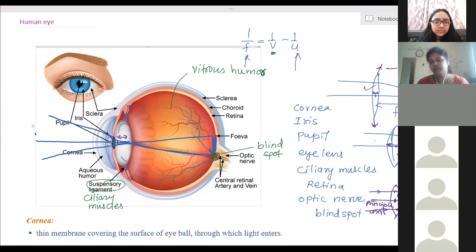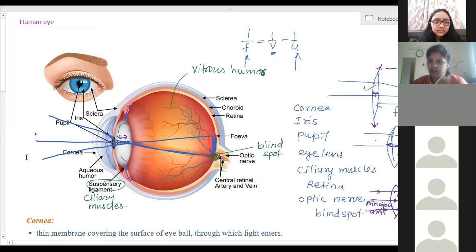So the size of the pupil has to be increased or decreased depending on the light outside. With bright light outside, less light should enter, and for that the size of the pupil should be reduced. When there is dim light, more light should enter, so the pupil size should be increased. The size of the pupil is increased or decreased with the help of the muscles called iris muscles.